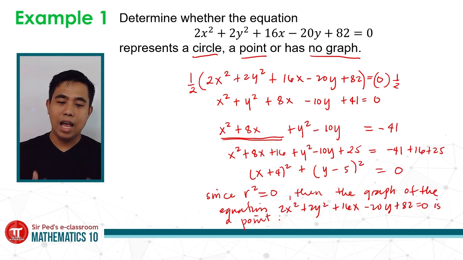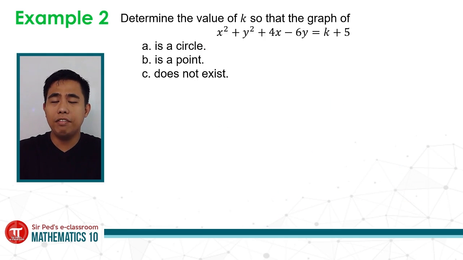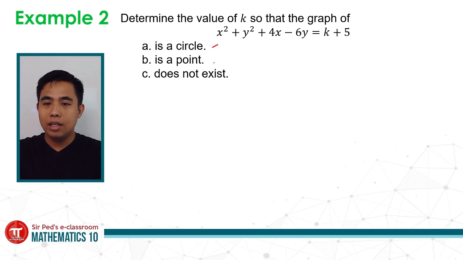Okay? So that's how we determine if the graph of a circle is a point, a circle, or has no graph. Let's have another example. Determine the value of k so that the graph of x squared plus y squared plus 4x minus 6y equals k plus 5 is a circle, a point, or does not exist.